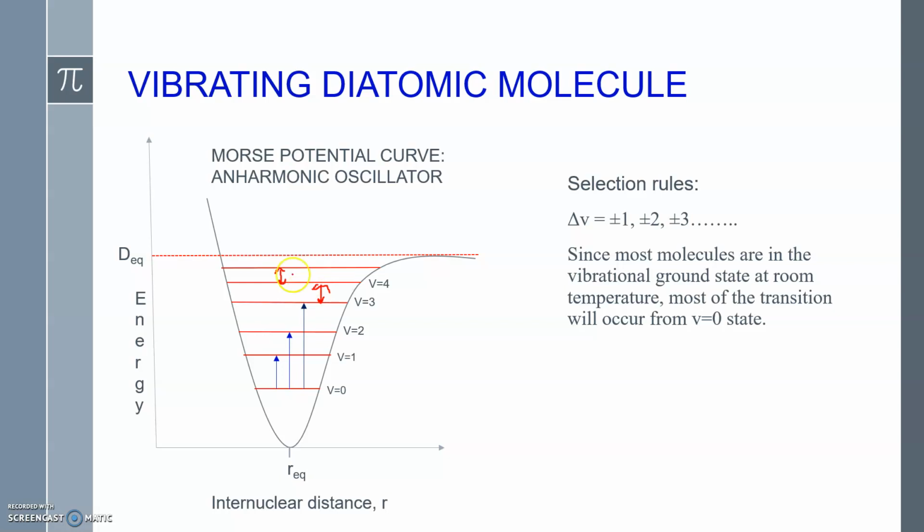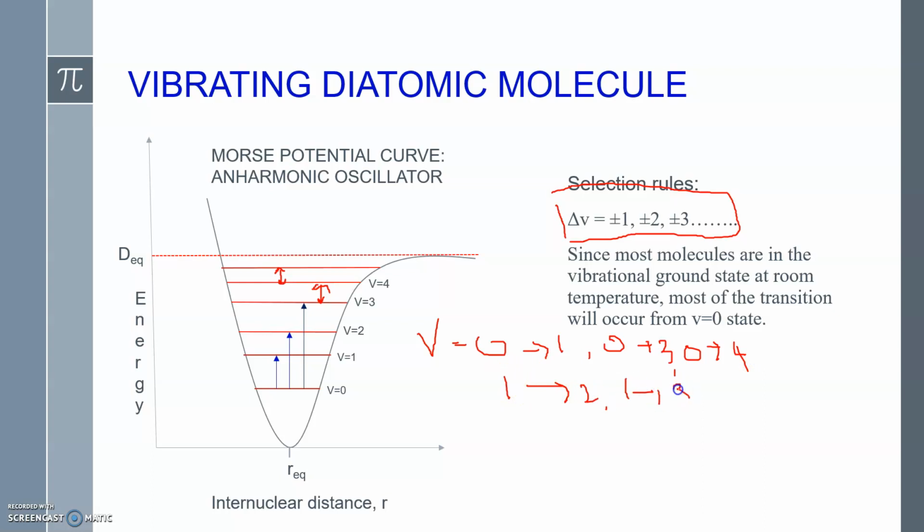The selection rule for an anharmonic oscillator is given by delta v is equal to plus or minus 1, plus or minus 2, plus or minus 3. That is, all the transitions from v equal to 0 to any number, 0 to 1, 0 to 3, 0 to 4, are allowed according to the selection rule, and also the transitions from 1 to 2, 1 to 3, 1 to 4, or 2 to 3, 2 to 4, 2 to 5, 2 to 6.